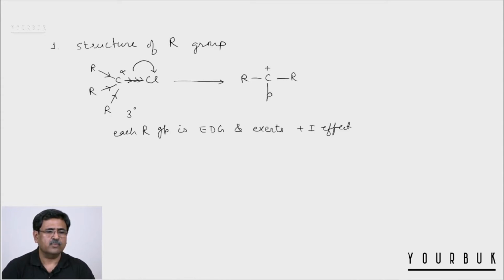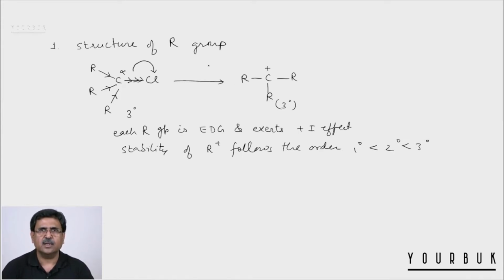And this carbocation is 3 degree, and we also know that the stability of the carbocation follows this order: 1 degree is the least stable, then 2 degree and 3 degree. And since this alkyl halide is giving you a 3 degree stable carbocation, the reaction proceeds via SN1 mechanism.